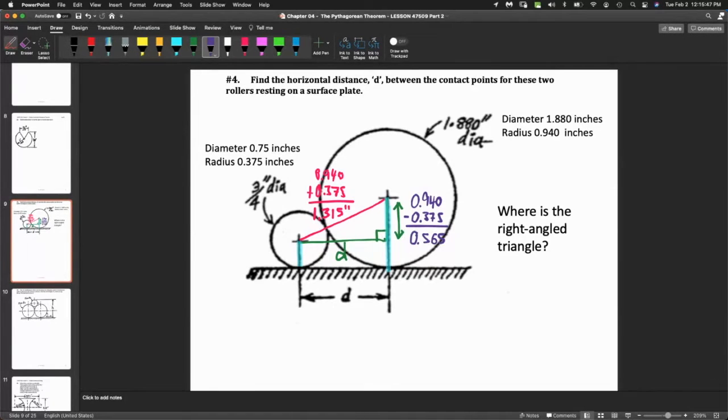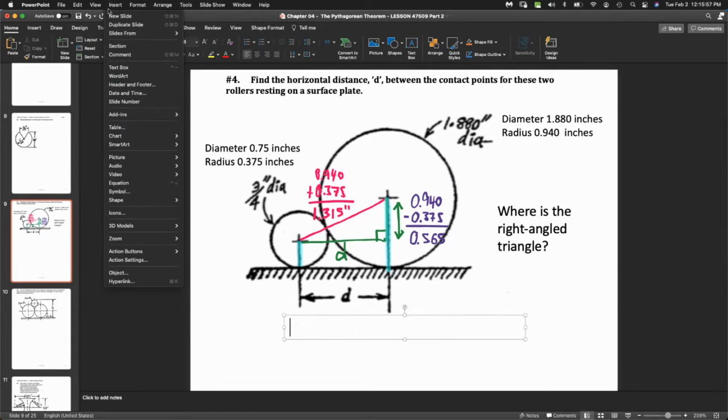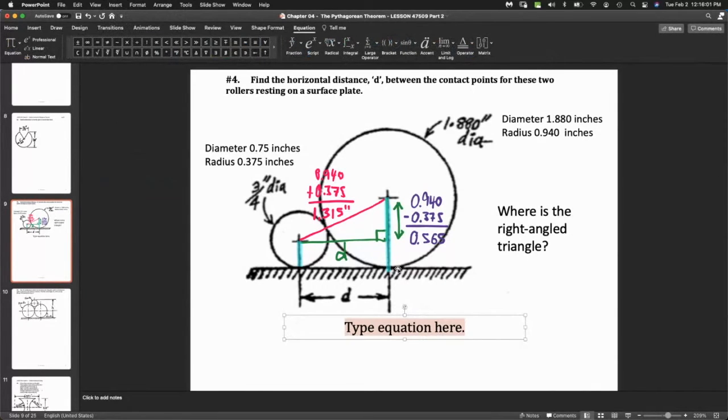And there from my point of view here, I think we're good to go. We just do some algebra and I think we're done. So I'm going to continue over here. So we have here b squared plus 0.565 squared equals 1.315 squared.